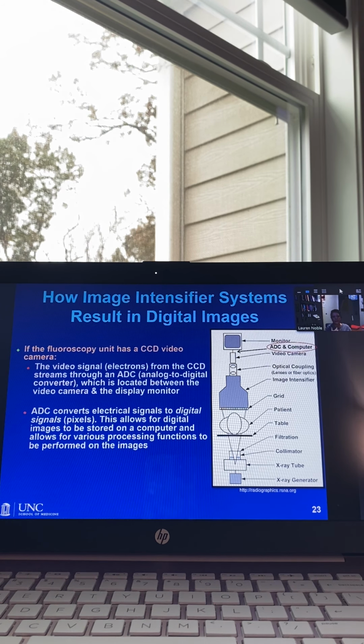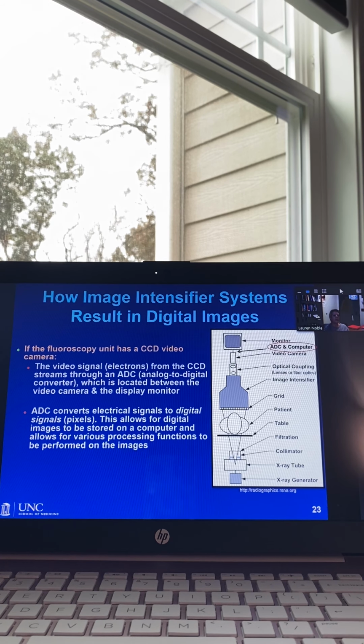So the whole purpose of the video camera is simply to take light photons and convert them to electrons. And there are different types of TV cameras. We mentioned one that's called the Vidicon. The Vidicon is a vacuum tube, and it would exist in older equipment.